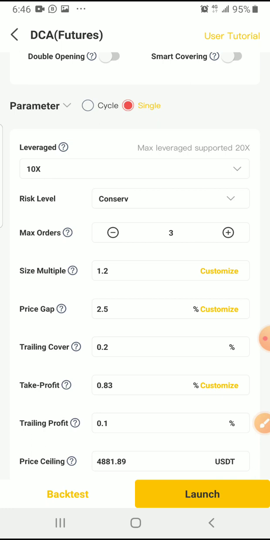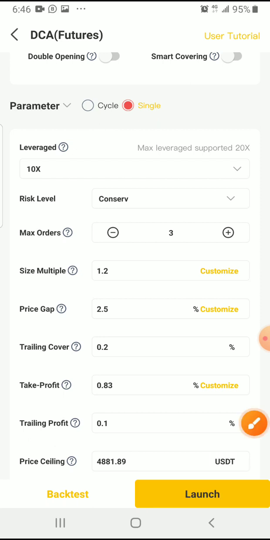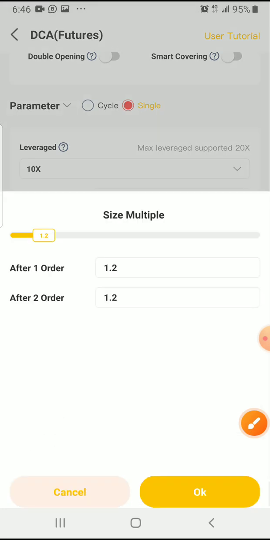So now let's look at the size multiple, and here again let me click on customize. This is what I'm clicking on, so that you understand it better. Customize here means that after we launch the first order, it is going to launch the initial position amount, which we are about to choose.